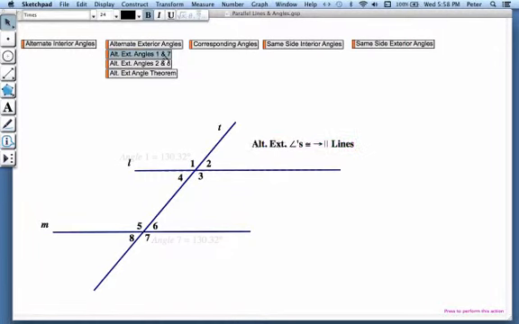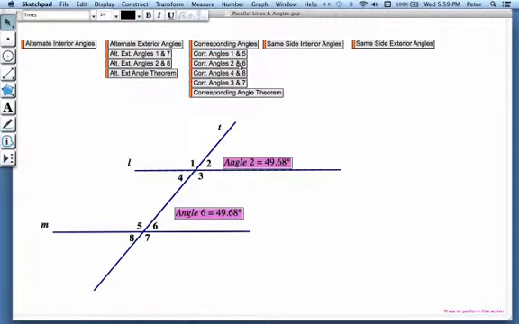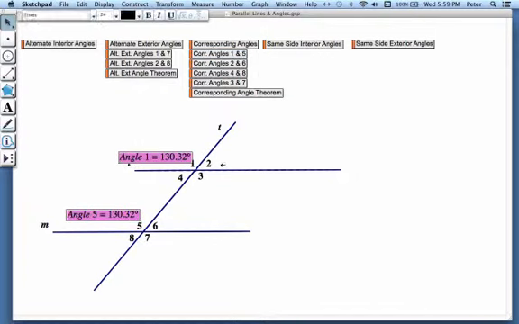Okay, let's take a look at corresponding angles. With corresponding angles like 1 and 5, those are congruent. 2 and 6, those are also congruent. So if we know that 3 and 5 were congruent, then because angle 1 is vertical to angle 3, I would know that angle 1 and angle 5 were congruent.